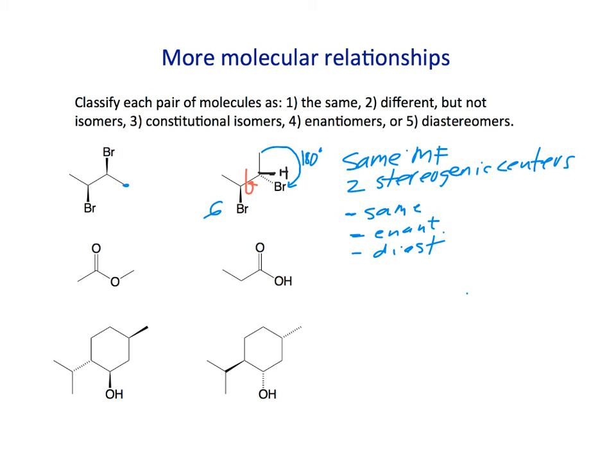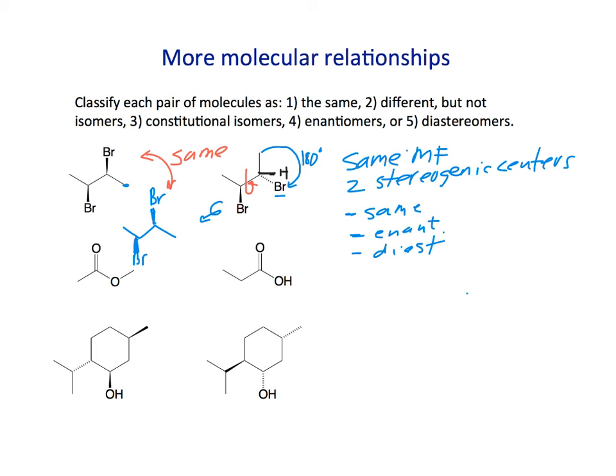Okay, so I'm going to have to rotate it over here. So the methyl group should be down in the plane. I'll just keep this bromine here. Methyl's there. The bromine is back, so when it goes 180 degrees, it's going to be forward. Right? The H is forward, so it's going to be back. We don't really even need to draw that one in. Let's compare these two, and they are the same.